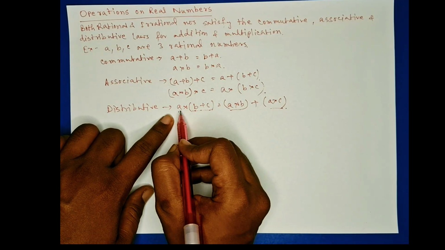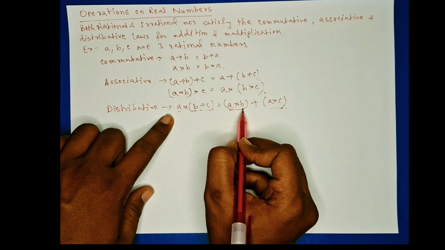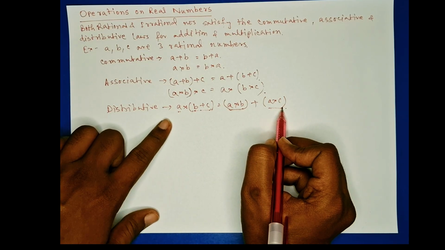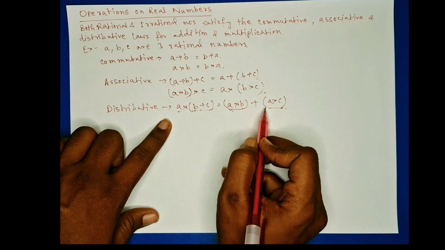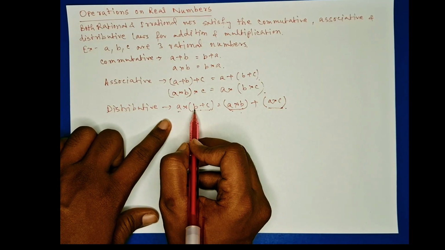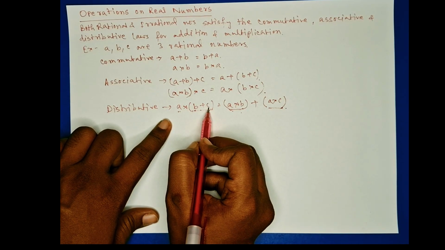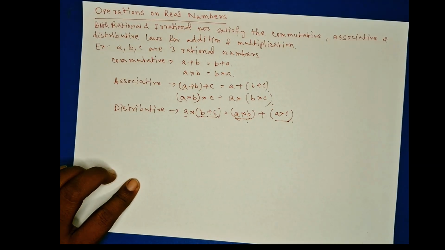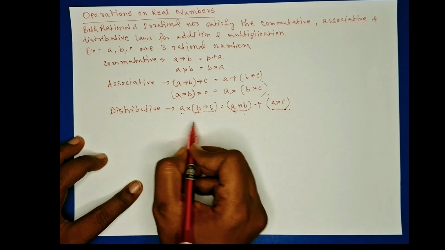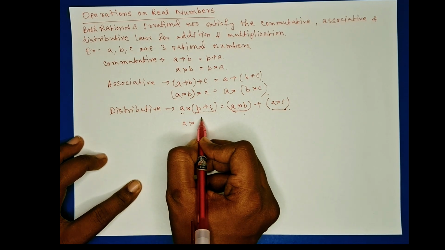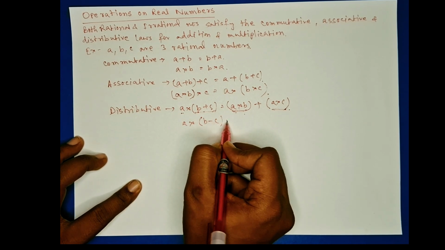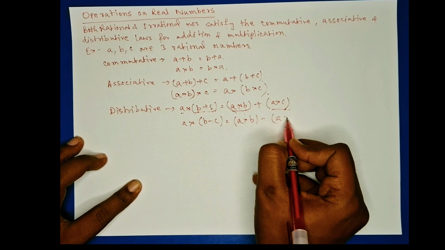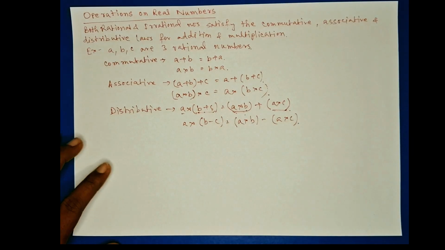This follows the distributive law. Similarly, A into B minus C is equal to A into B minus A into C.